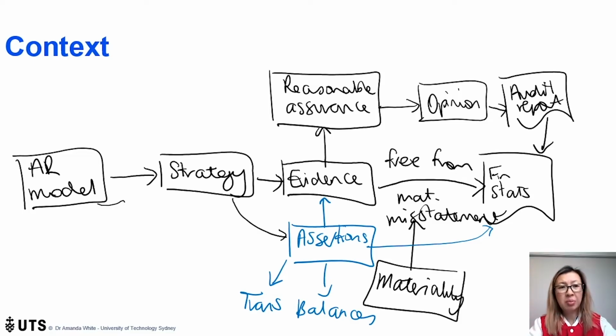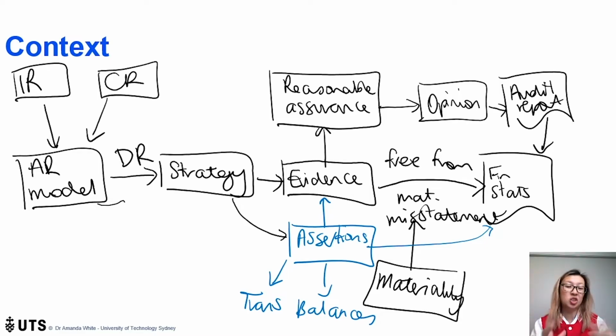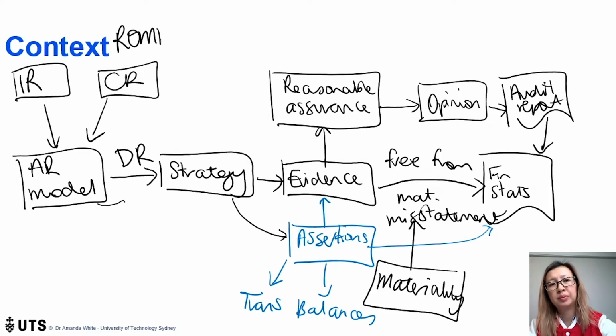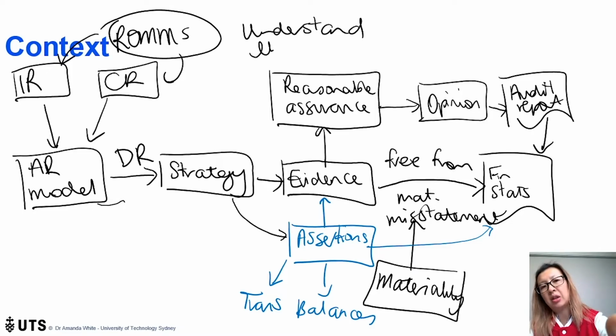So the planning part that we've been looking at is that we know that the audit risk model needs inherent risk and it needs a control risk assessment to go into the model, and our detection risk will help us generate our audit strategy. But to be able to identify the inherent risk and the control risks, which remember we call our ROMMs, these are both ROMMs here, we need to understand the client.